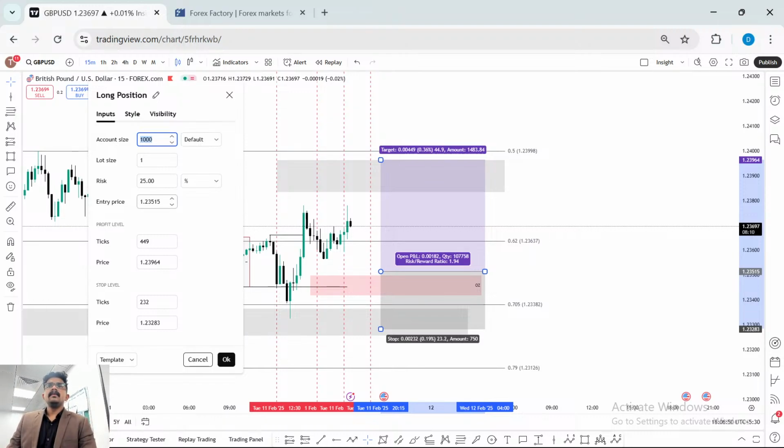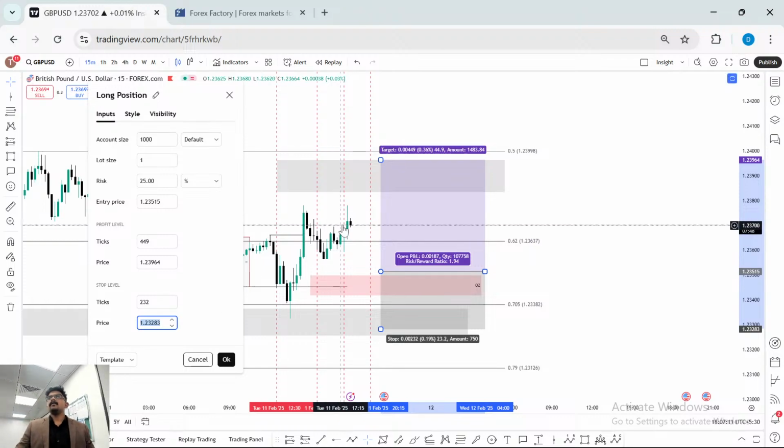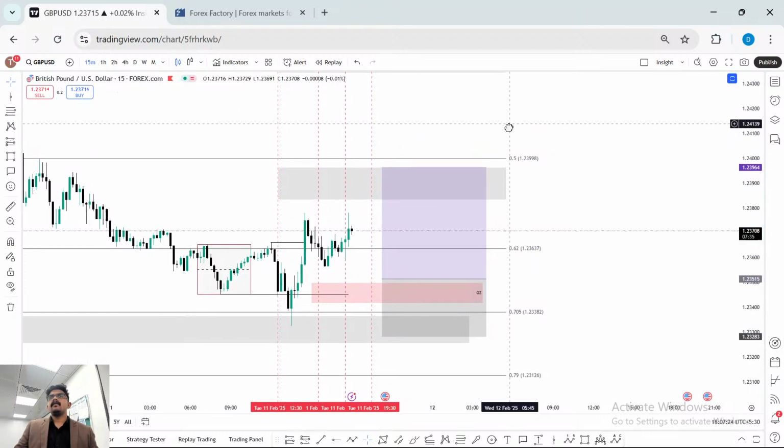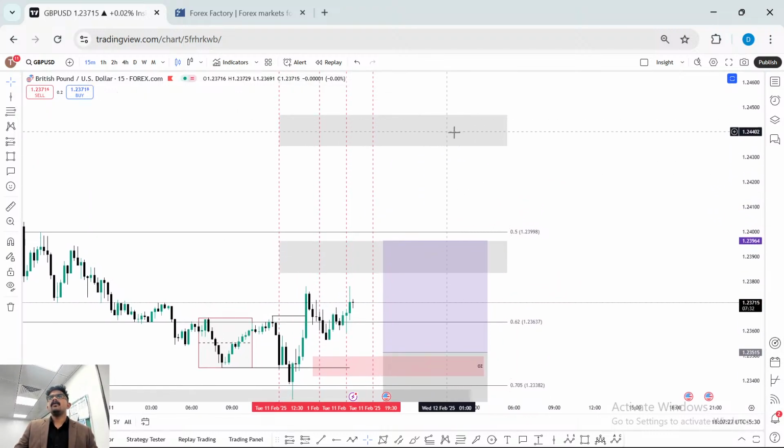I hope the prices are clear. Entry price 1.23515, stop loss 1.23283, and your first TP is 1.23964. Let that be your first TP, and we are also hoping the market moves into this zone.